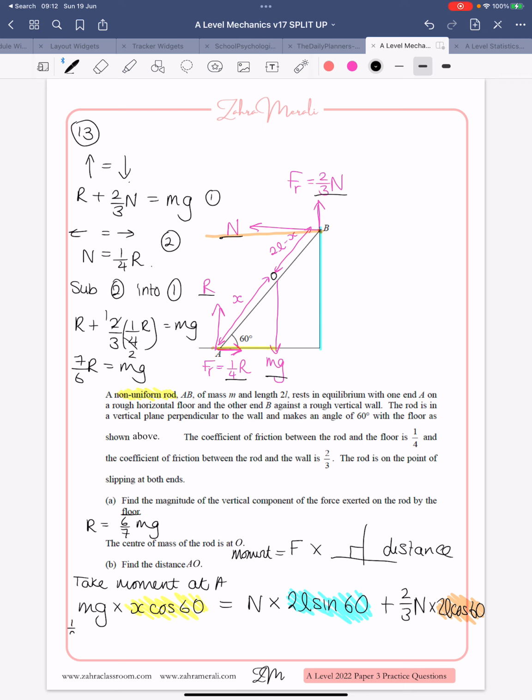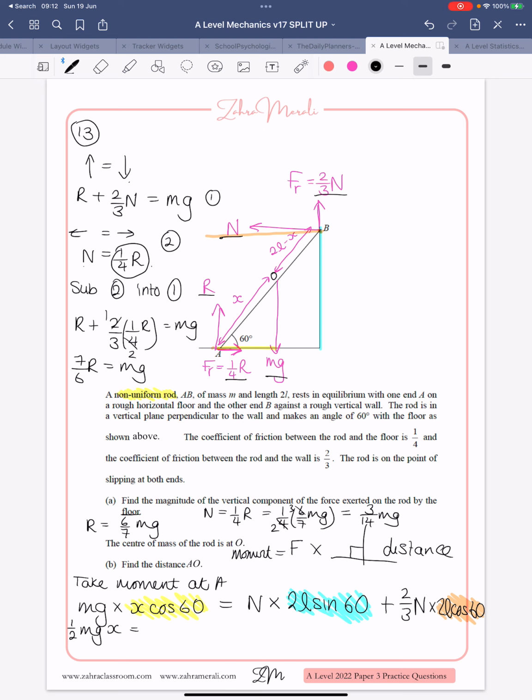So we get 1/2 mgx equals, sine 60 is √3. We know from what we did previously, N is the same as 1/4 R. So if N equals 1/4 R, that must be 1/4 of 6/7 mg, right? So that's going to give us, if we cancel that down, 3/14 mg.